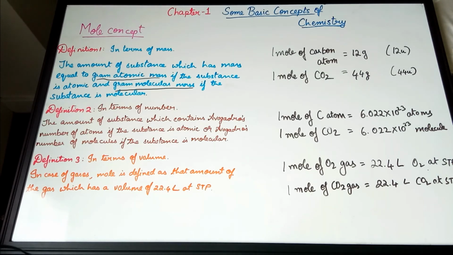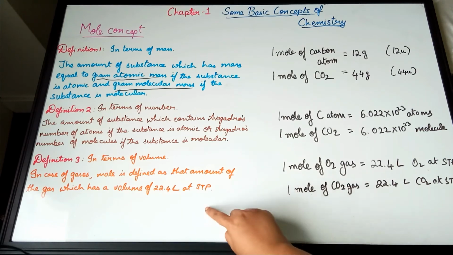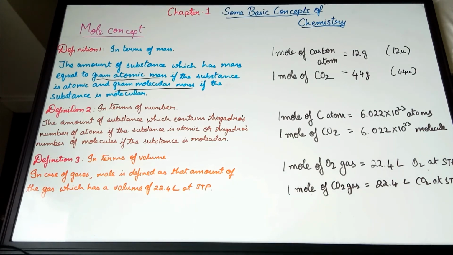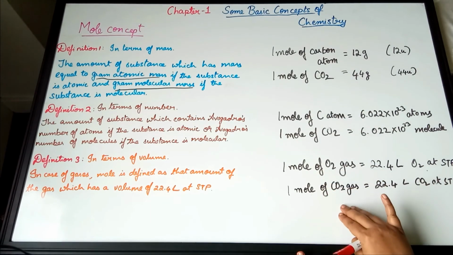For atomic substances, 1 mole equals 1 gram atomic mass or 1 gram atom. In the case of molecular substances, we say 1 gram molecular mass. This is equal to 6.023 into 10 to the power 23 atoms or molecules, whichever it is. Also, this is equal to 22.4 liters at STP because we're talking about volume as well. So do remember how these are different.